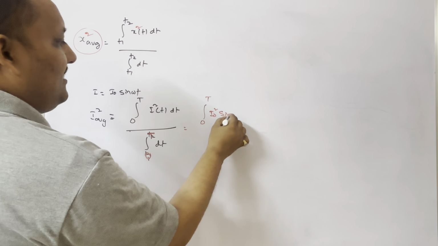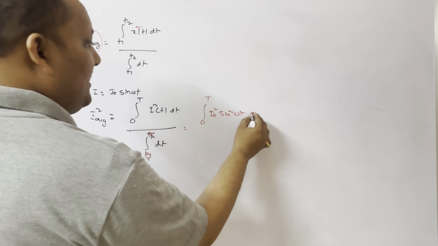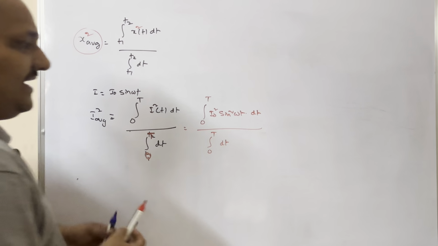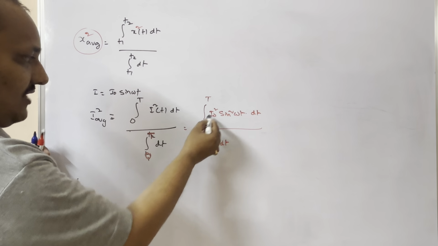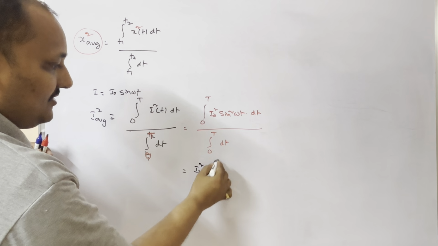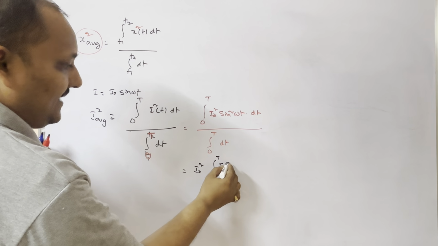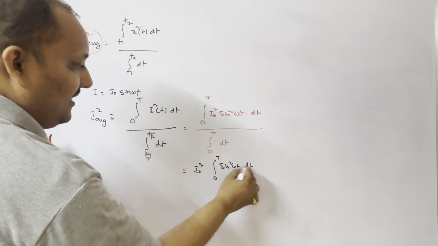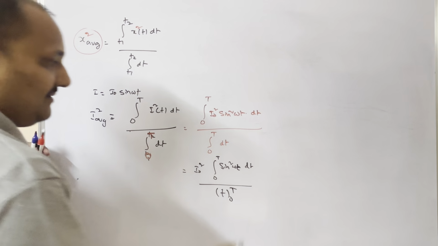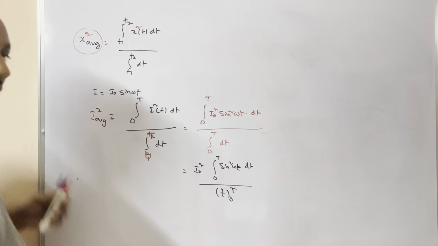I naught square sine square omega t dt between the limits 0 to T. So, I naught square you can write it outside, I naught square integral 0 to T sine square omega t dt, divided by integral dt, which is T between the limits 0 to T.